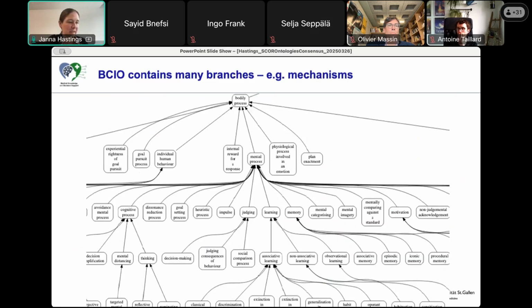Another aspect of thinking about behavior change interventions and interventions more broadly is this concept of mechanisms. Mechanisms are causal processes through which the intervention could be working. In the case of behavior change interventions, there's a big focus on mental processes.